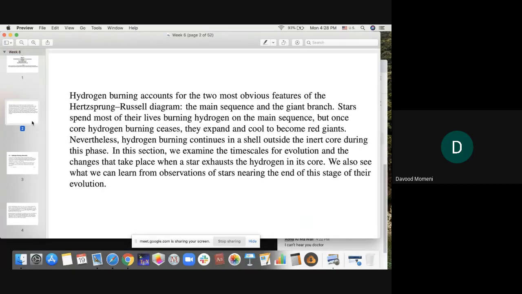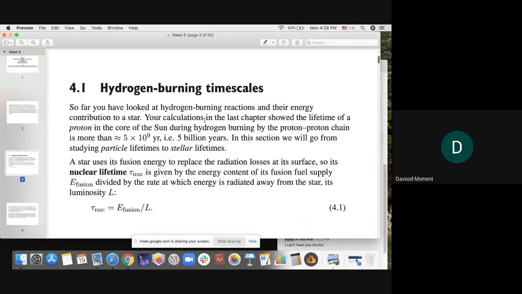All right, so this is all about the hydrogen burning time scale. I would like you to stop here and have a look at this slide, and then I will talk about the slide for you.